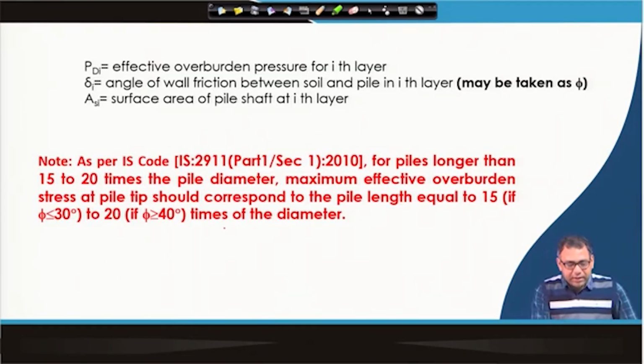And here the delta value is recommended to be taken as equal to phi. And again PDI is the average effective overburden pressure at a particular layer, and it has to be calculated the same way as I have discussed.